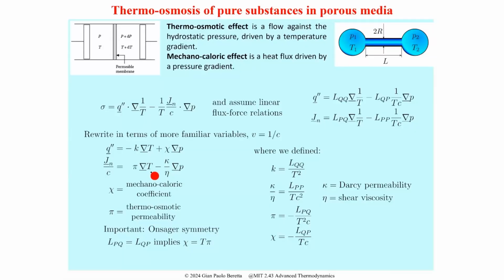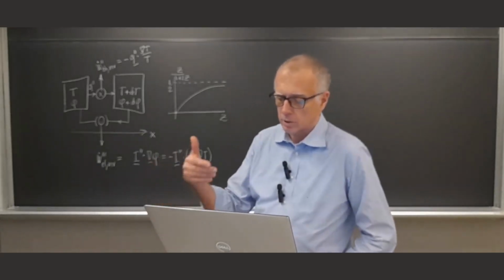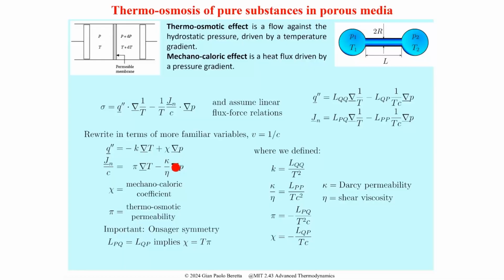We could actually have this flow go, if the gradient in pressure is small but opposite to what the Darcy law would drive, you could go against that pressure gradient by using an appropriate thermal gradient.